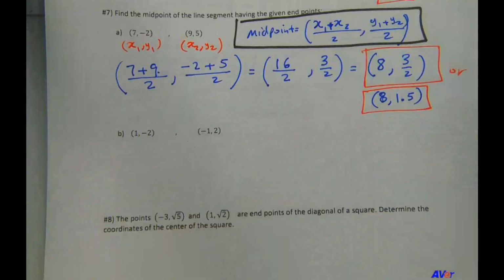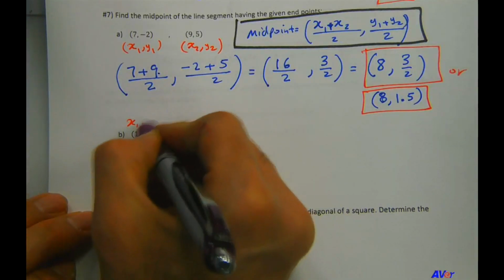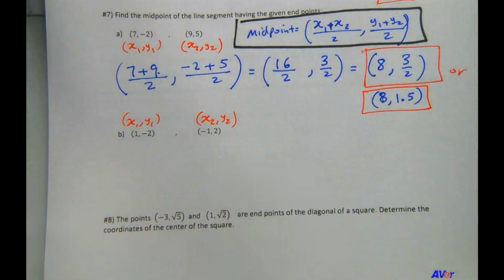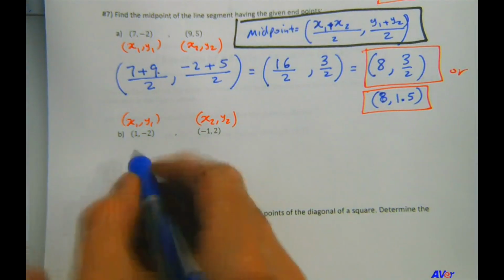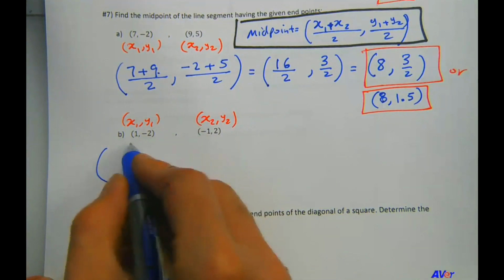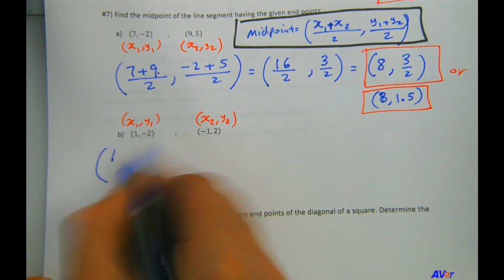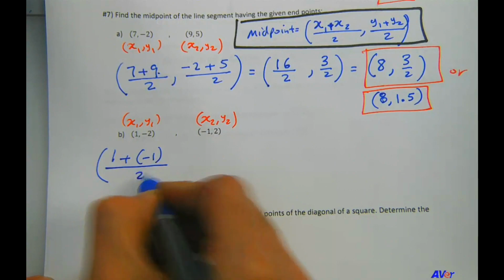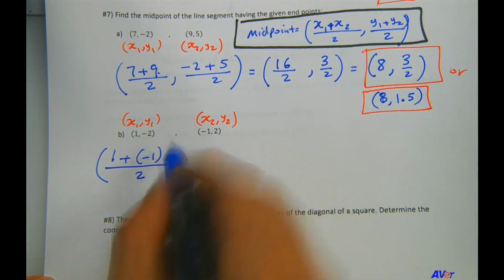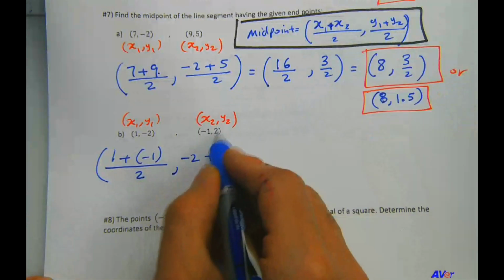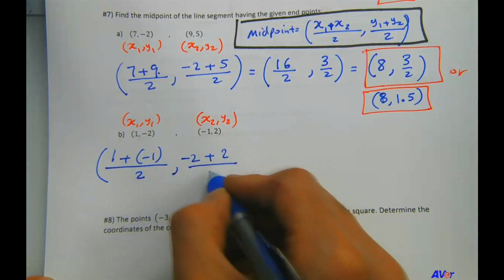Okay, so these are x1 comma y1, x2 comma y2, and we're going to plug into that formula. So we have x1, which is 1, plus x2, which is minus 1, divided by 2, comma, y1, which is minus 2, plus y2, which is 2, over 2.